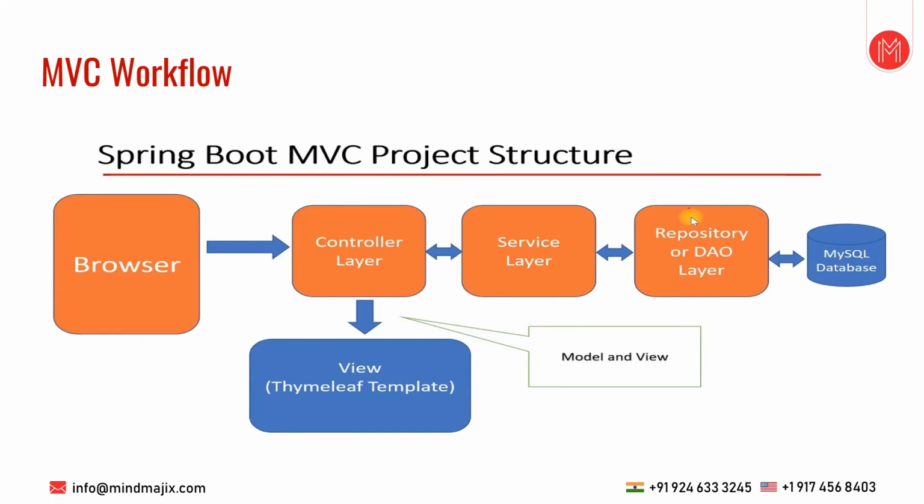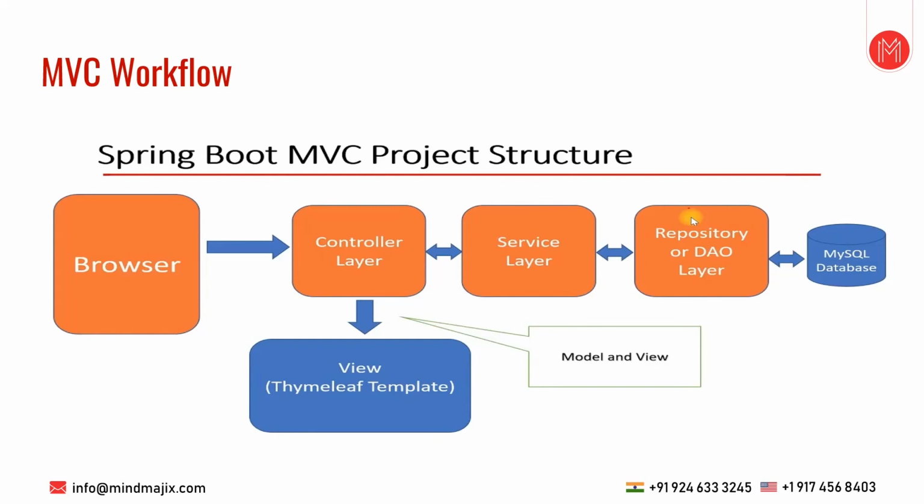So from the Spring Boot point of view, generally the client makes the HTTP request. This request goes to the controller layer, and the controller layer maps and handles the request.